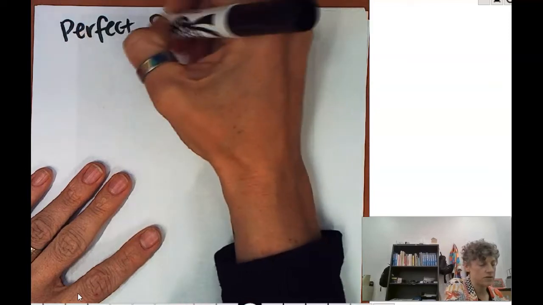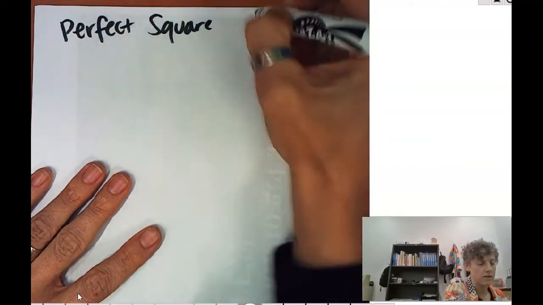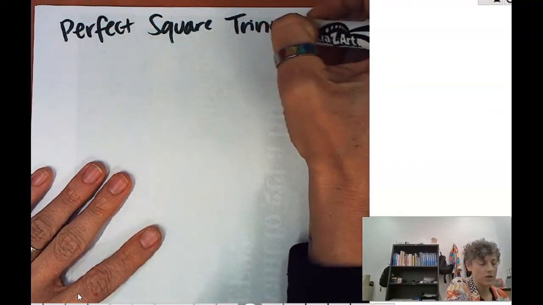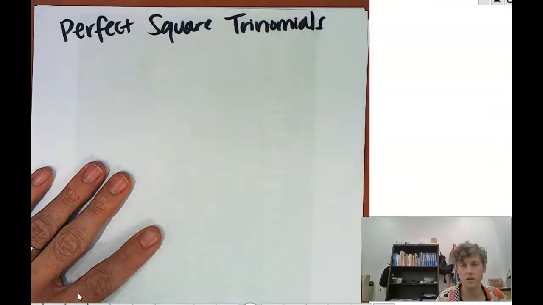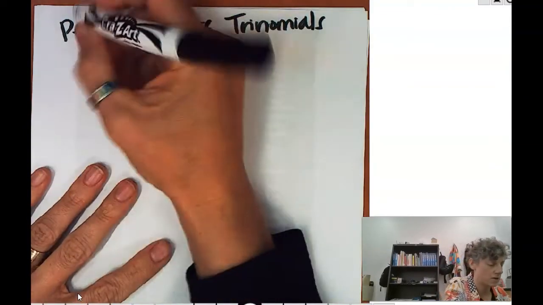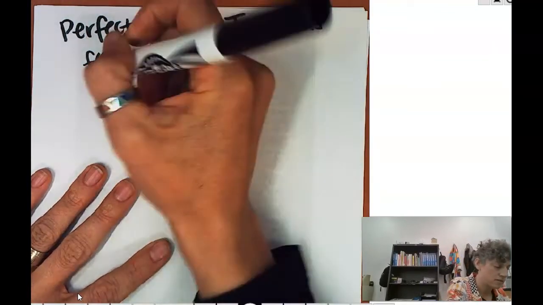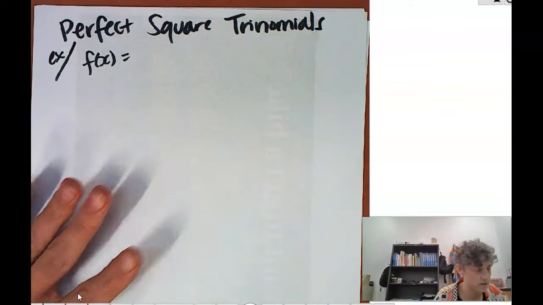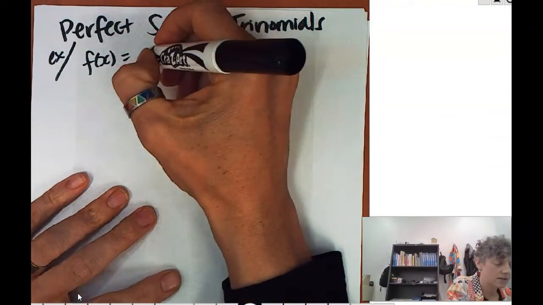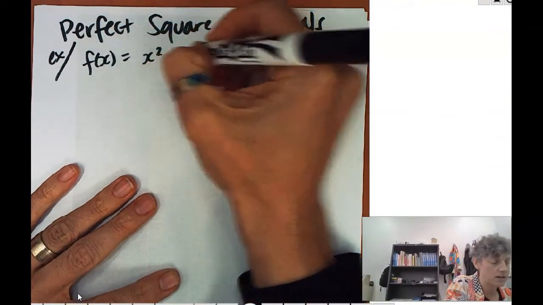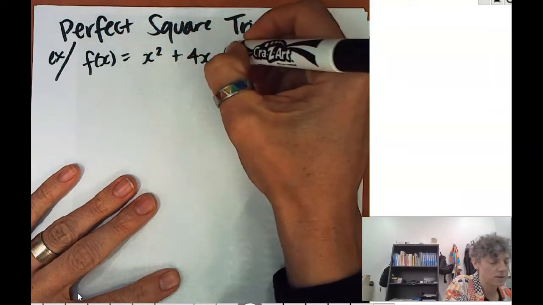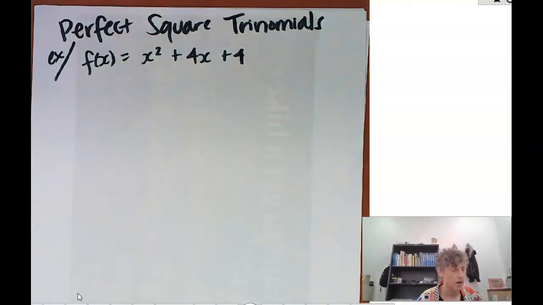Perfect square trinomials. Okay, so an example of a perfect square trinomial would be, let's say, f of x equals x squared plus 4x plus 4.